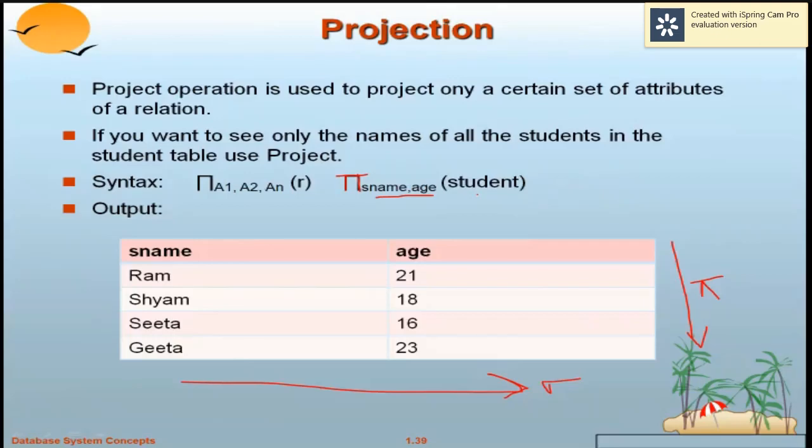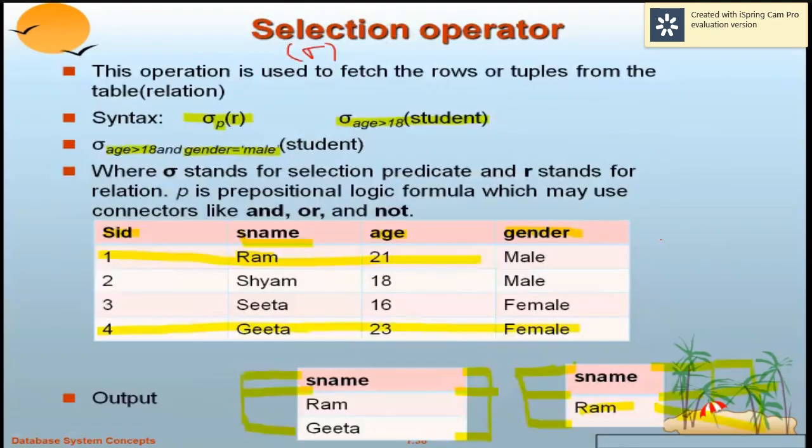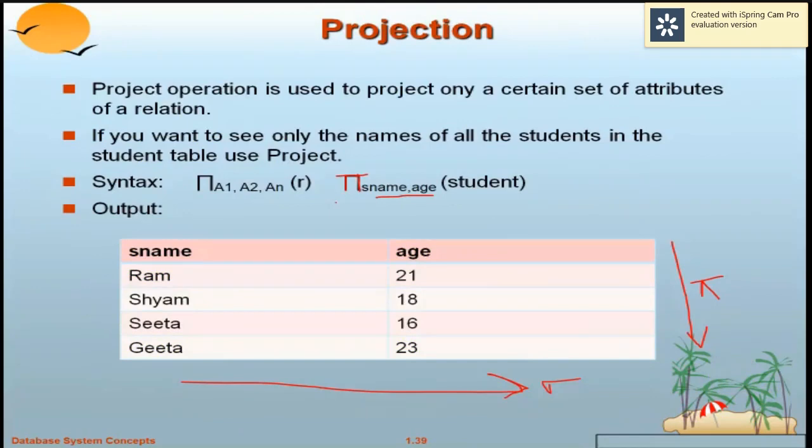That means I want the complete attributes called name and age to be pulled out from my input table, and that I'm doing using a projection operator here. So name and age are pulled out and are displayed as my output. So this is how the projection operator works.